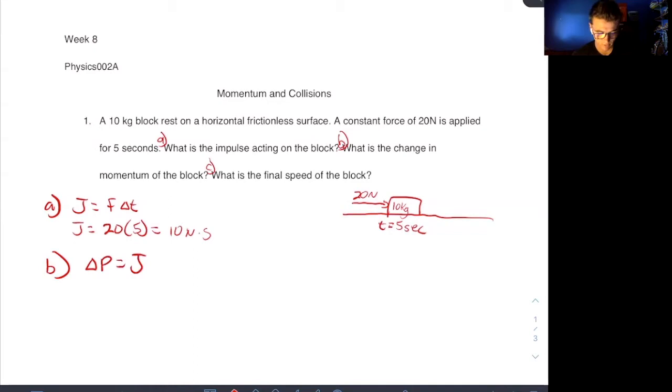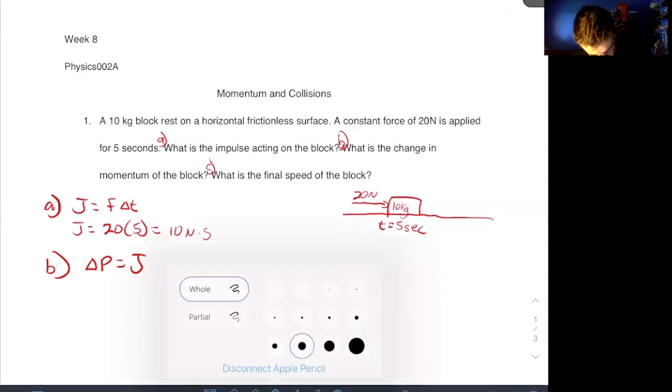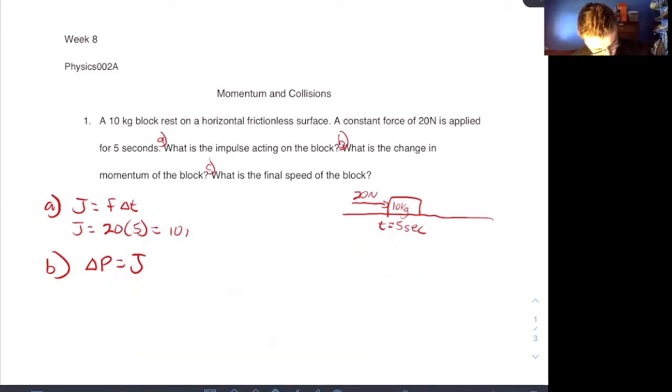Our impulse is 100 newton seconds, so that means our change in momentum is also going to be 100.